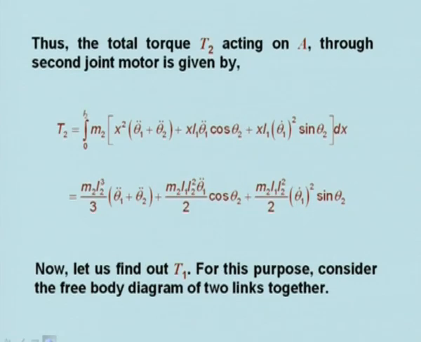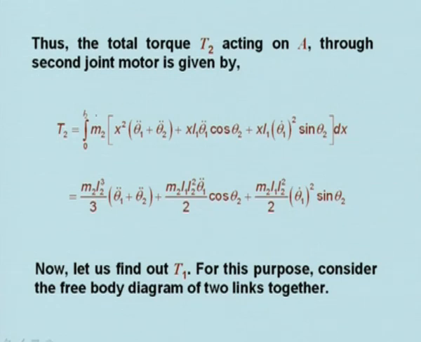Thus, the total torque T2 acting on A through the second joint motor is given by T2 equals the integral of this expression, m2 x square theta 1 dot dot plus theta 2 dot dot plus x L1 theta 1 dot dot cos theta 2 plus x L1 theta 1 dot square sin theta 2, dx. This we have to integrate from 0 to L2.